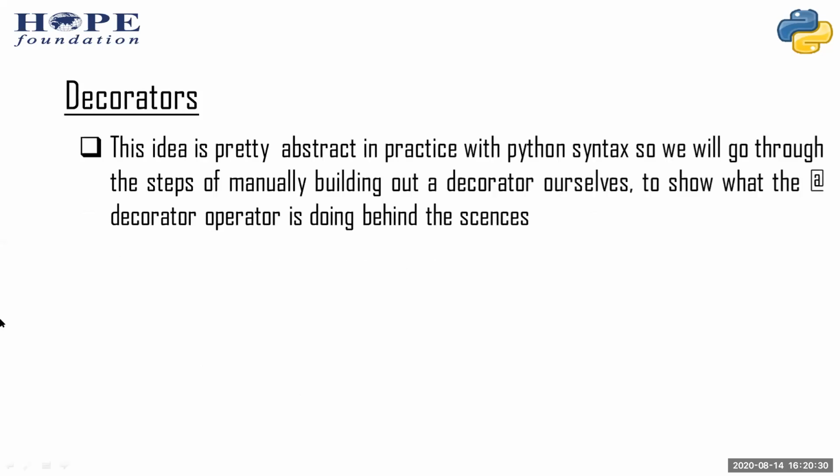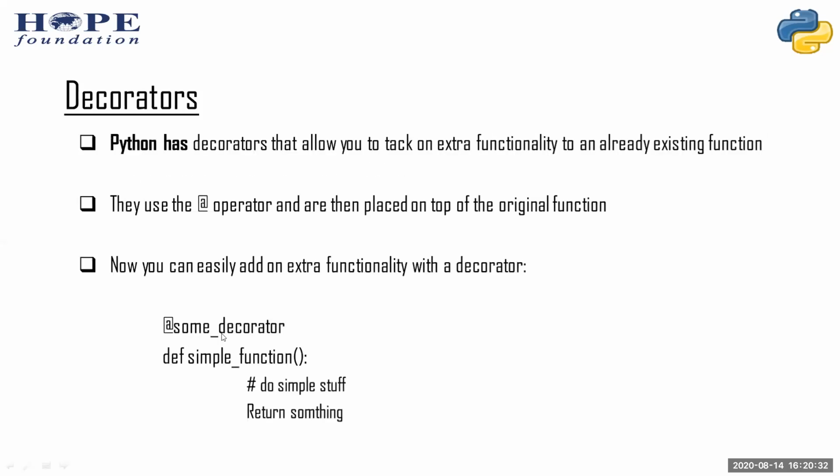So you can see here, at some_decorator. This some_decorator is a separate function, and you can call the separate function by using the at symbol. The function is turned into a decorator and you can use your original function here. Now we are adding some extra functionality to the simple function.